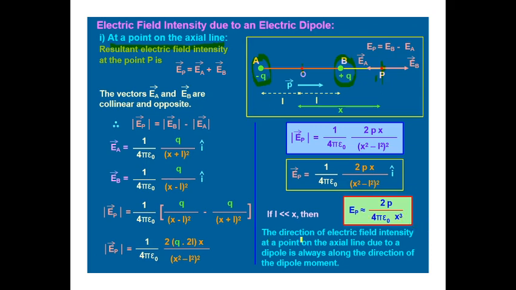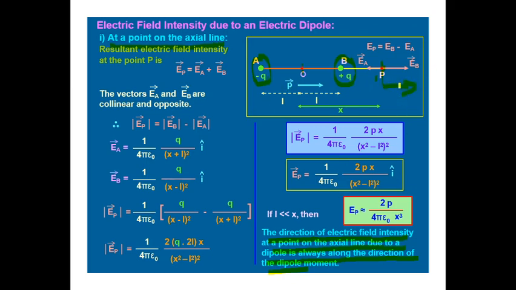The direction of the electric field intensity at a point on the axis due to the dipole is always along the direction of the dipole moment. The dipole moment is directed from the negative charge to the positive charge, and the electric field is also in this direction.